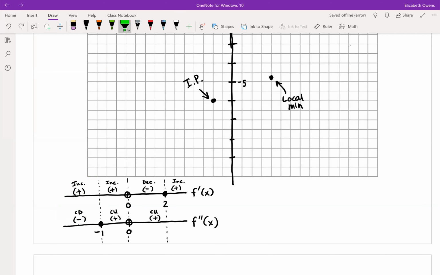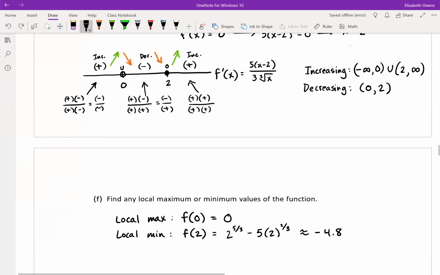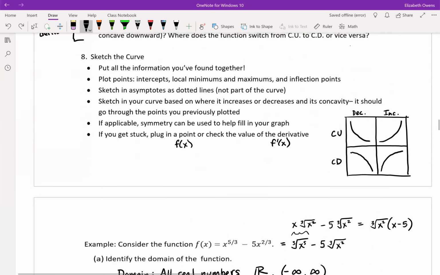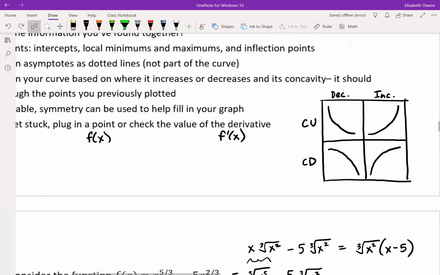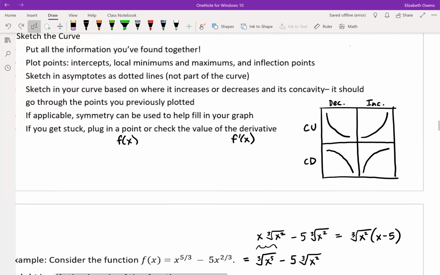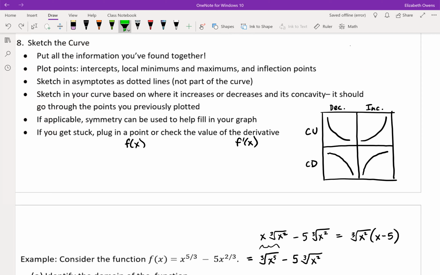Now remember way back to the explanation of this curve sketching process? We had this handy dandy table right here that shows us generic curve shapes. Now, the interval we're focusing on is concave down and increasing. So concave down and increasing, those intersect right here. And so that shows us the shape of the graph that we're going to have.